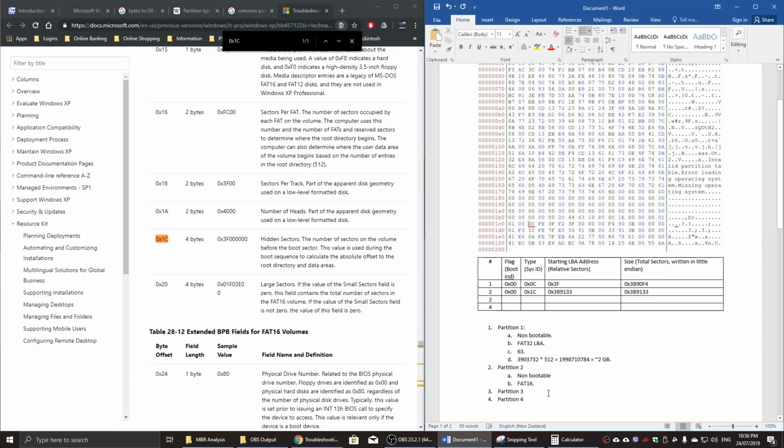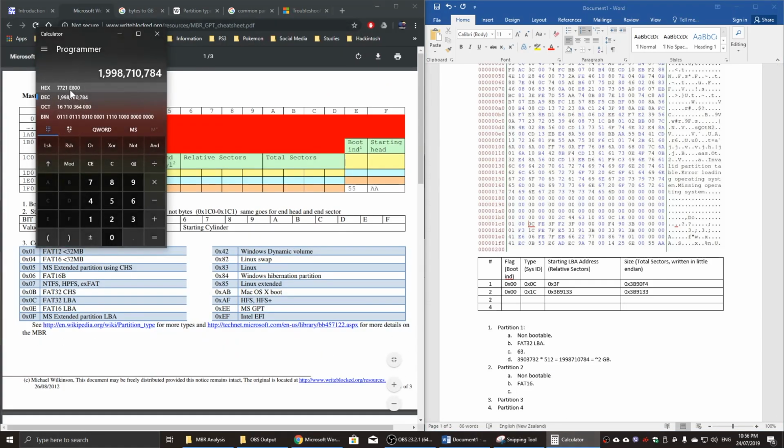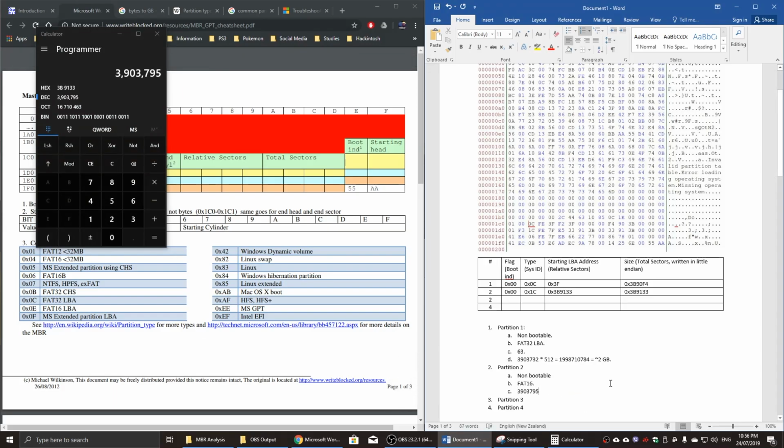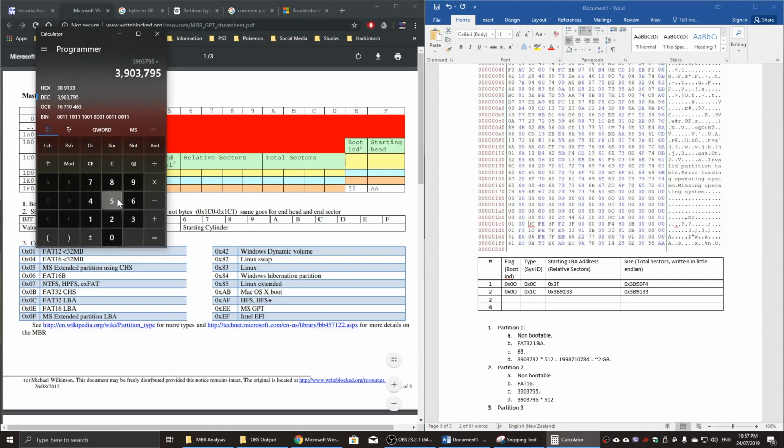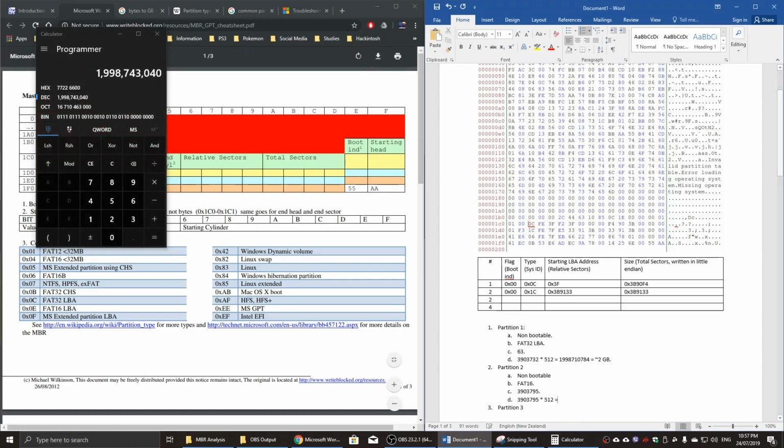And the next relative sectors calculation is 3B9133, and decimal is that 3993795. Cool. And if we do that multiplied by 512 byte sectors, it's that much.